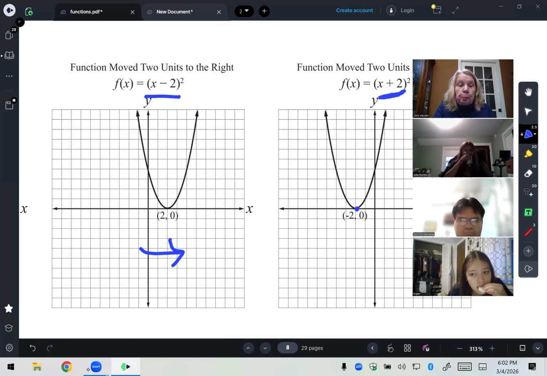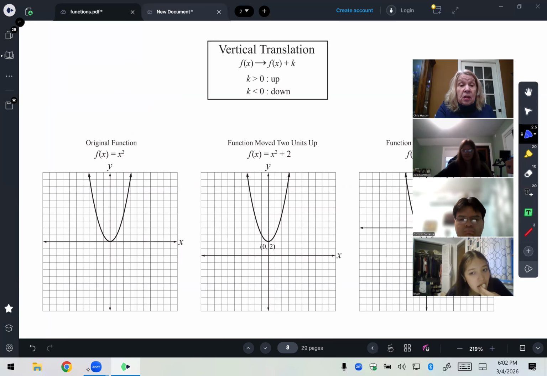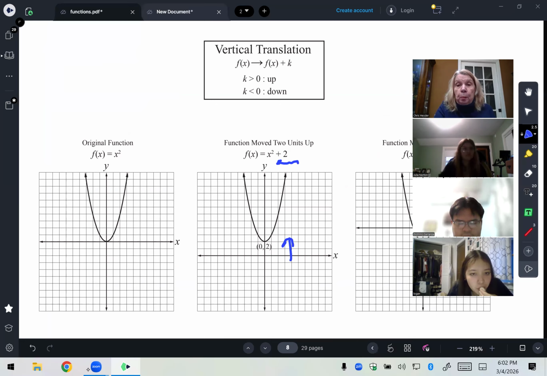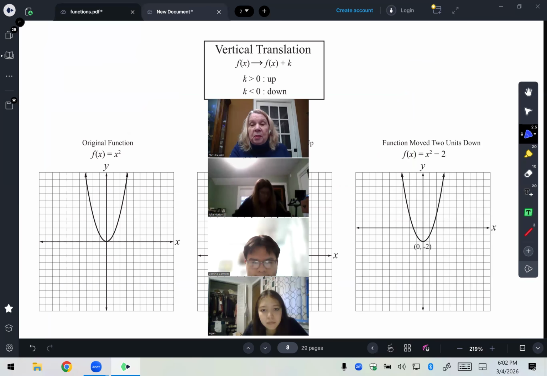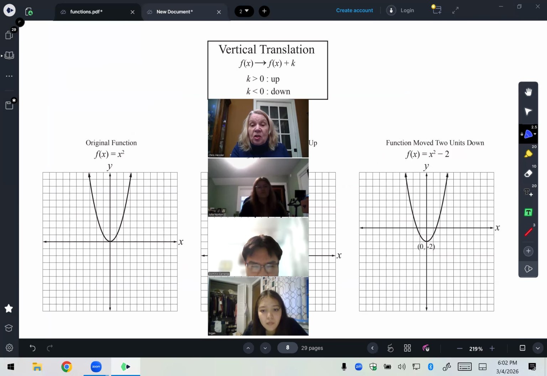And so the vertical translations are easy. This is a normal one. If it goes up 2, you just take the y value up 2. And if it's a -2, we move it down 2, right? That makes sense.